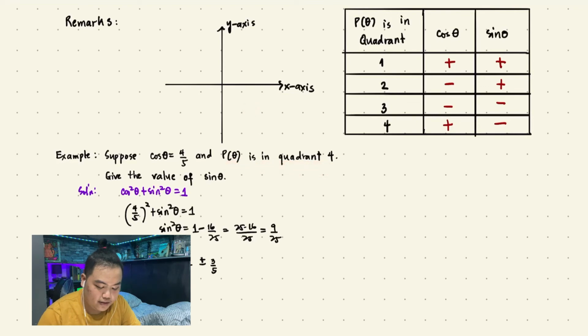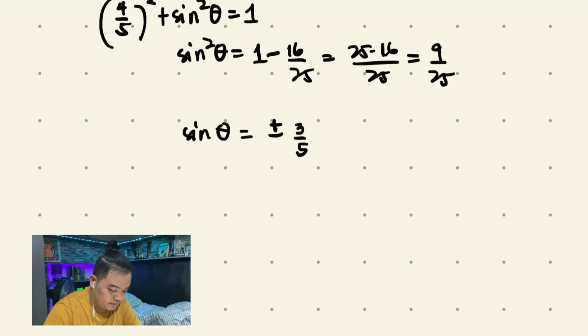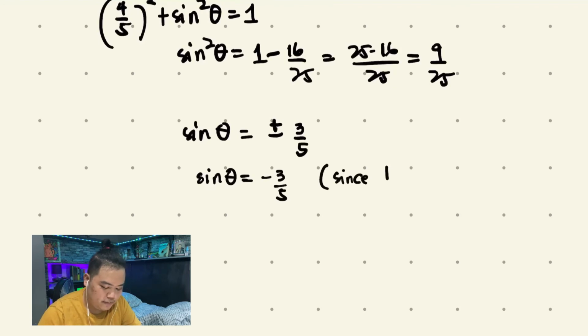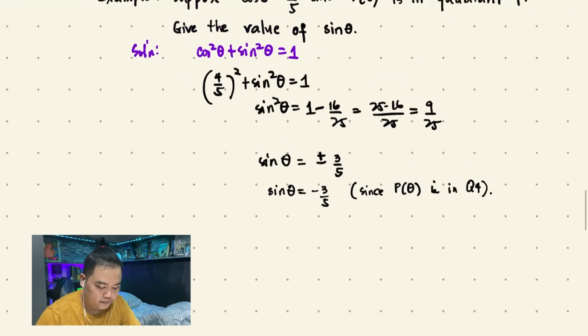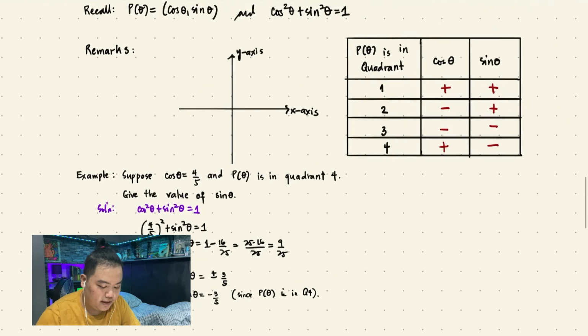So, kung nasa quadrant 4 si P of theta, what can you say about sine of theta? Sine of theta is negative. Kaya ito, negative dapat yung magiging sagot. So, sine of theta is negative 3/5. Sulat natin yung dahilan since P of theta is in quadrant 4. So, naintindihan ba yon?